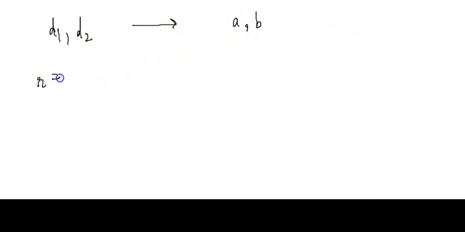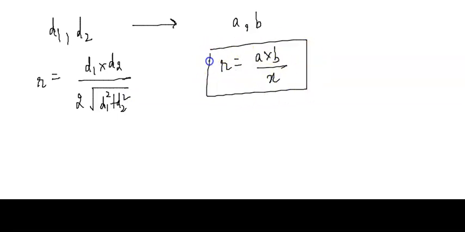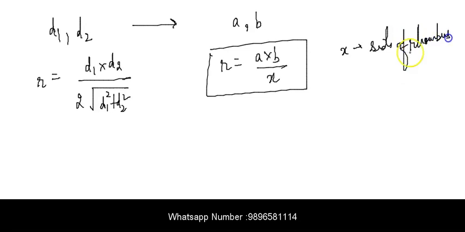Then we can calculate the inradius by d1 into d2 upon 2 into the square root of d1 square plus d2 square. Or we can calculate r is equal to ab upon x, where x is nothing but the side of the rhombus. I hope now this is quite simple to you.